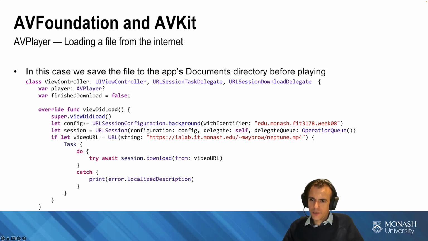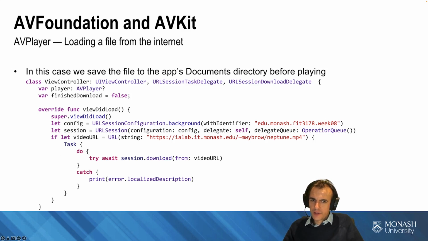So you'll see I set up a new URL session configuration, and I set myself up as a delegate for it, and then that's called session, and we use that session to do a download task that we do inside a task block, as we've seen before. This is async code, and when it's finished, we're not doing anything other than ending the task block.